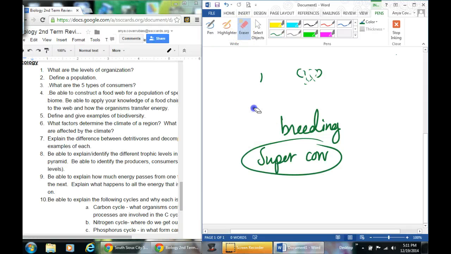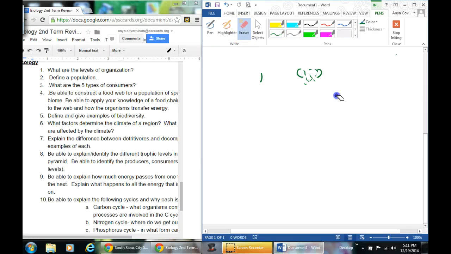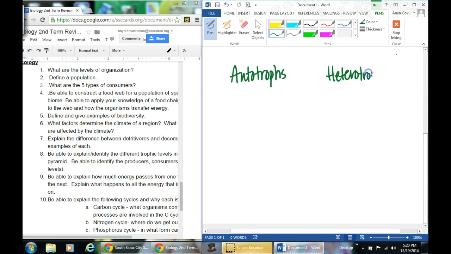Five types of consumers. Okay, so we have our two main classes: autotrophs and heterotrophs.